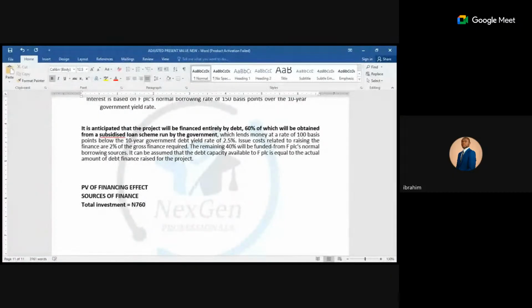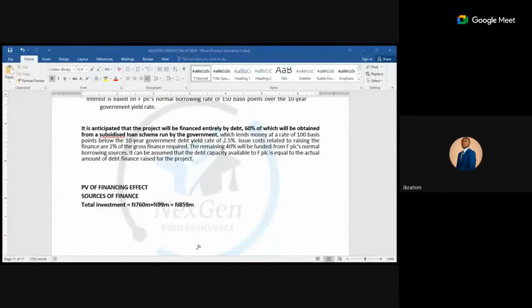760 plus, what is the working capital? 99. So what is the total cost of investment? 859. This is what we're looking for. How we will finance this 859 million.